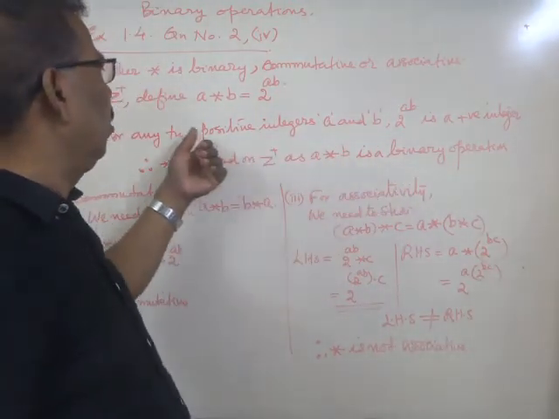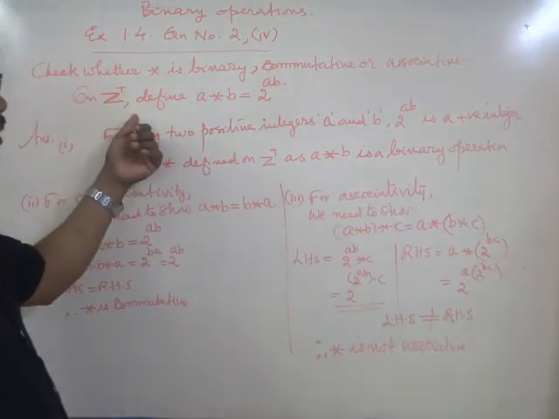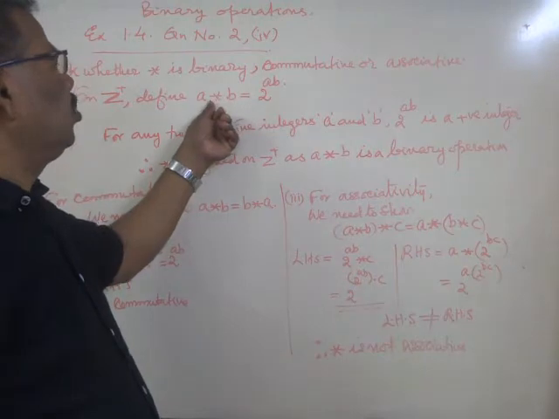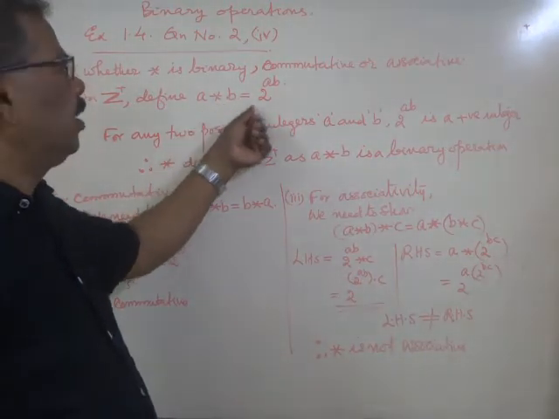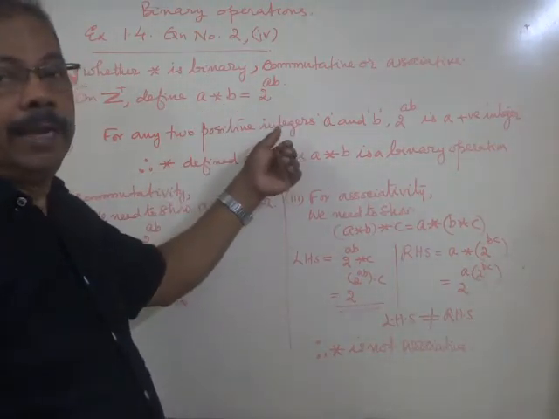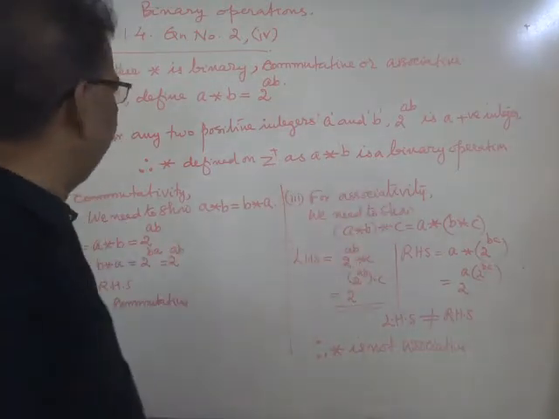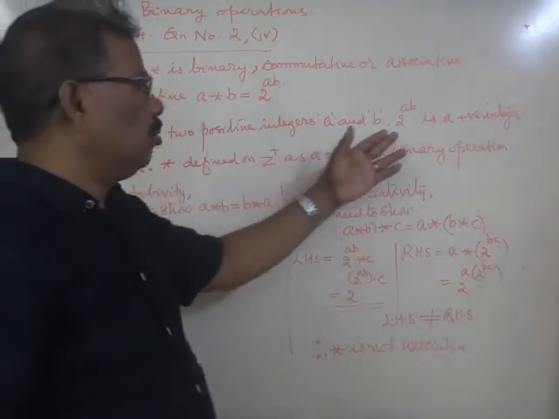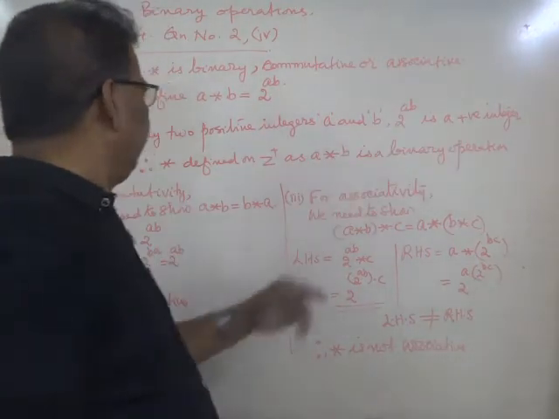Therefore, this operation defined as a star b on positive integers as 2 raised to ab is a binary operation. I have stated it. For any two positive integers a and b, 2 raised to ab is a positive integer.